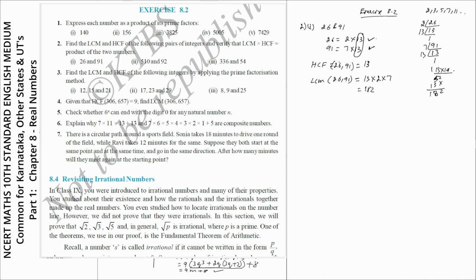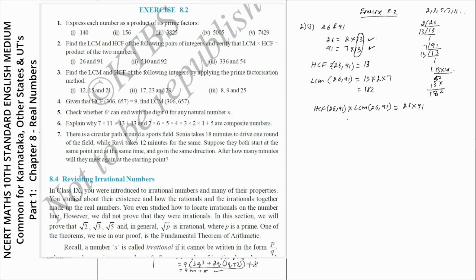Now if I multiply HCF of 26 and 91 by LCM of 26 and 91, this should be equal to 26 into 91. So let us check it.